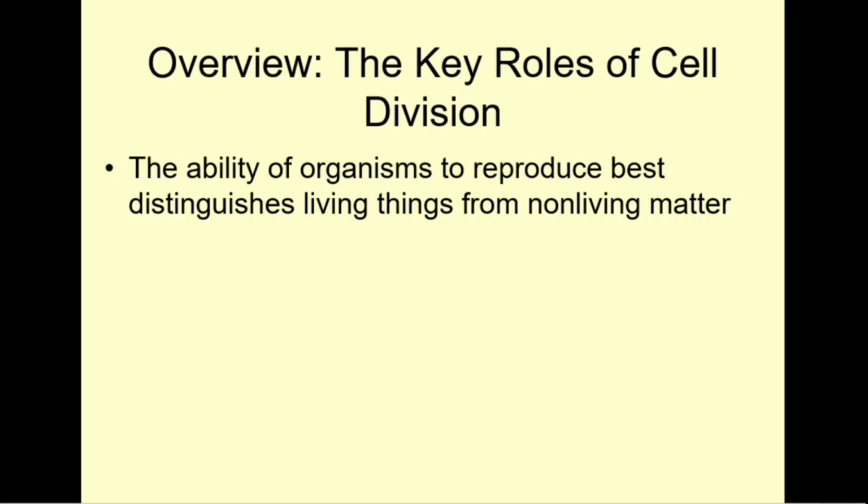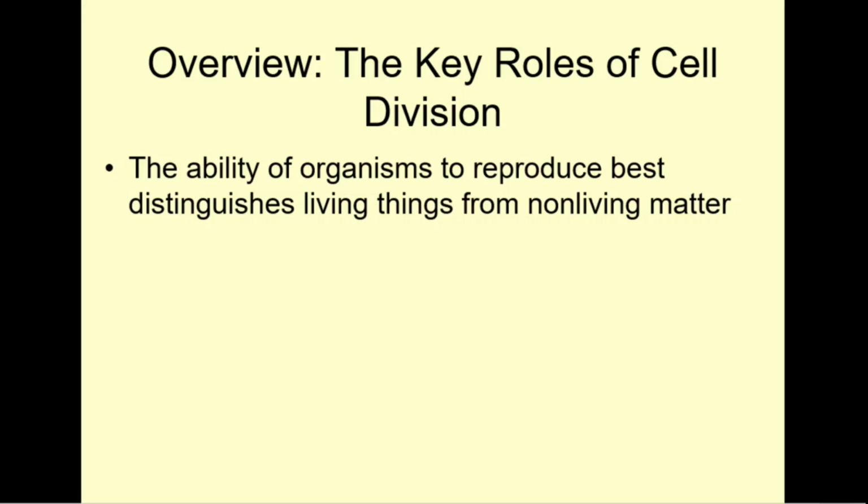So what is cell division? To start with, it's one of the fundamental aspects of life. It's one of the things that distinguishes living things from non-living matter. When you look at a living organism, it doesn't matter whether it's a bacterium or a human, we know that those organisms are able to reproduce, or divide, to produce new versions of themselves.